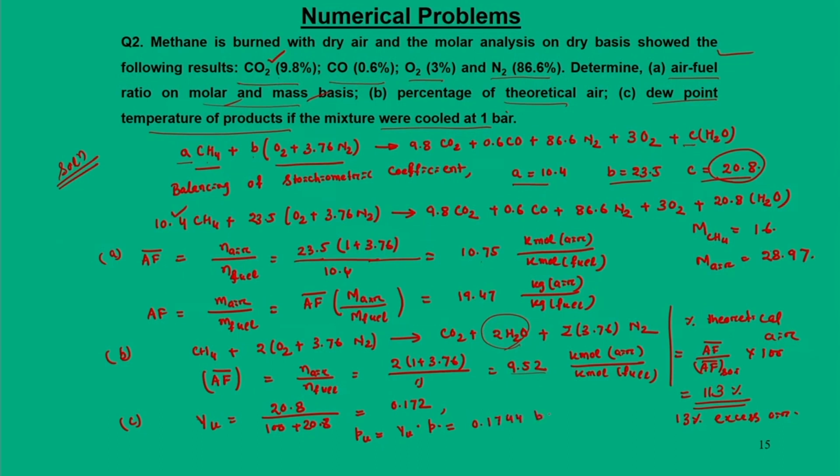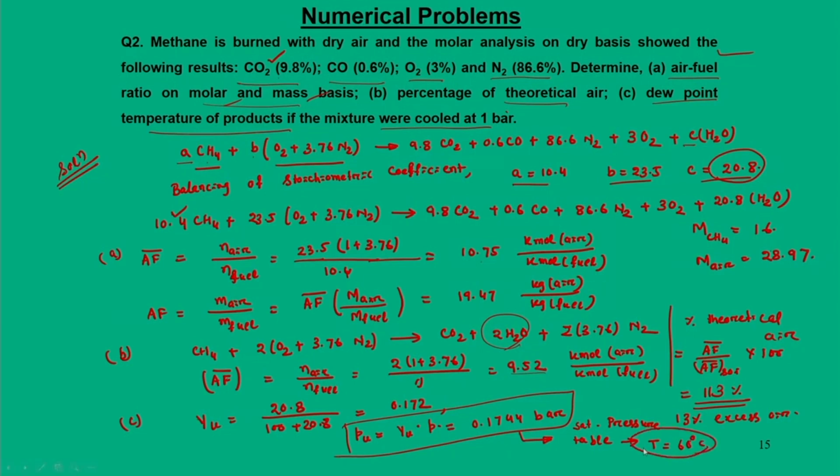So, this number is 0.1744 bar. We know this partial pressure, and corresponding to this partial pressure we refer to the saturated pressure table for water, and this will give you a temperature of approximately 60 degree centigrade.